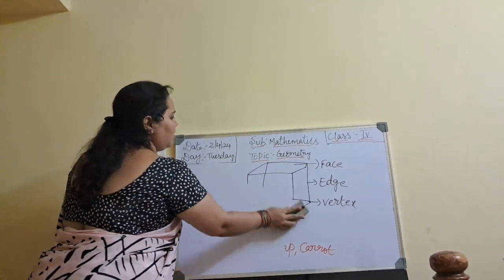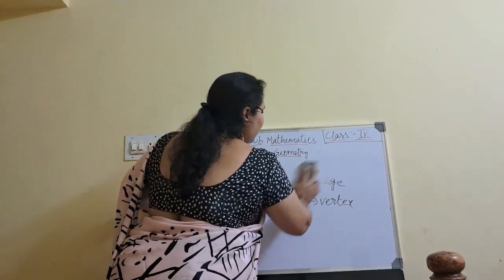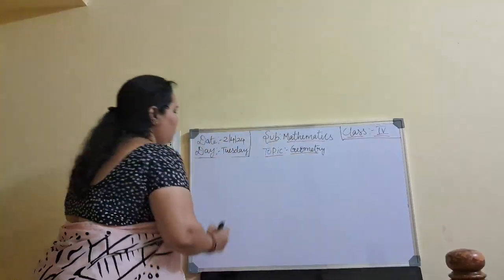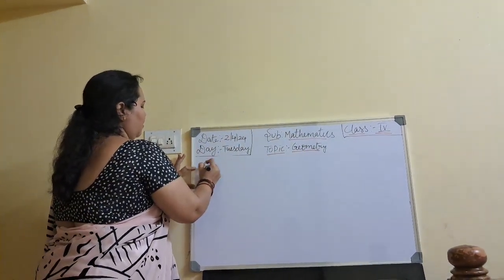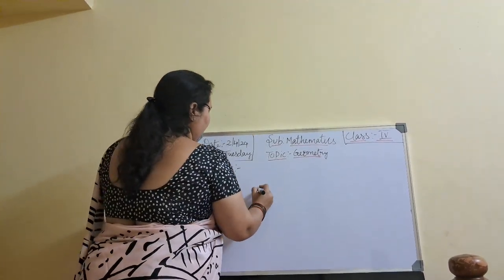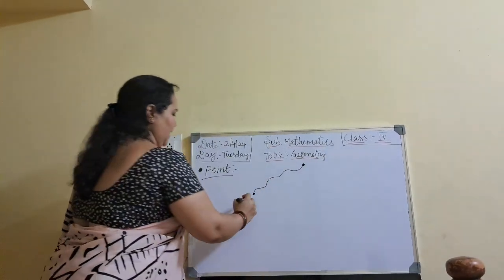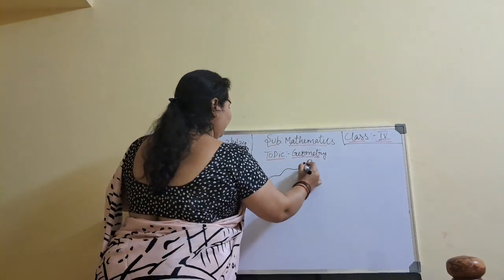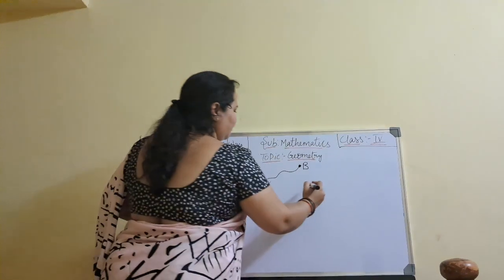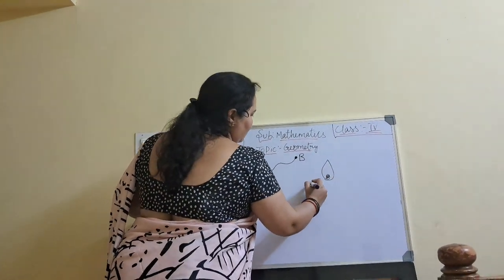And then next we will go to the main topic, that is the point. What is a point? Can you tell me what a point is? A point is a definite position. Can you give me one more example of this? Like Google Maps. Very good. See how it looks like on Google Maps?